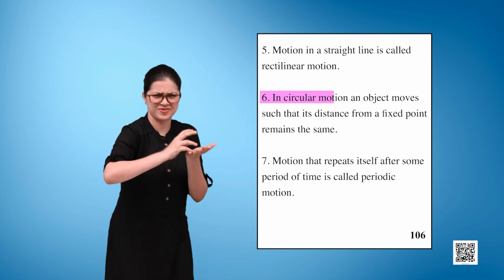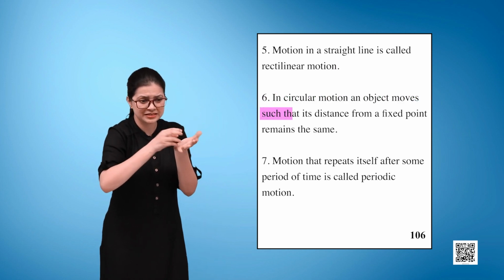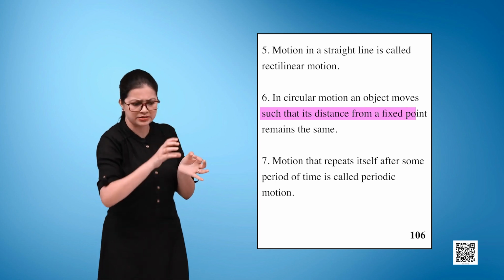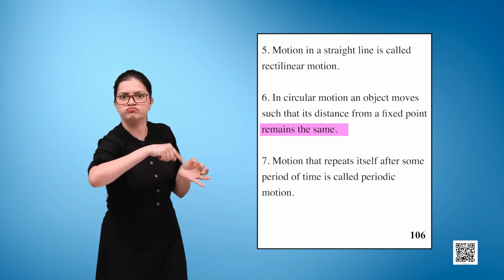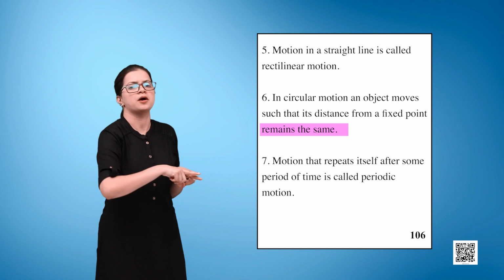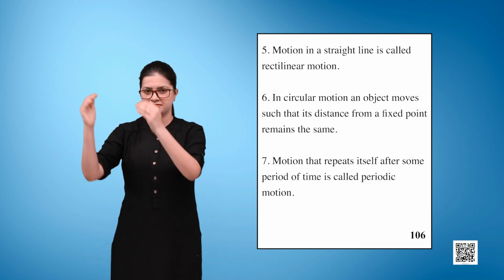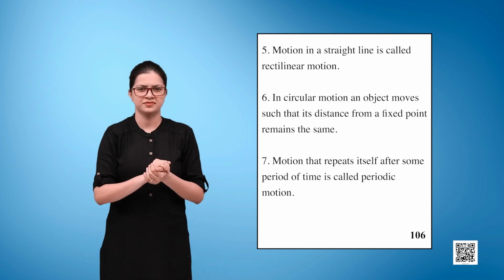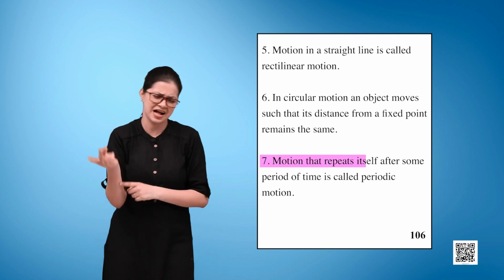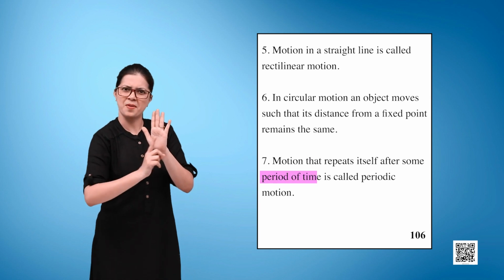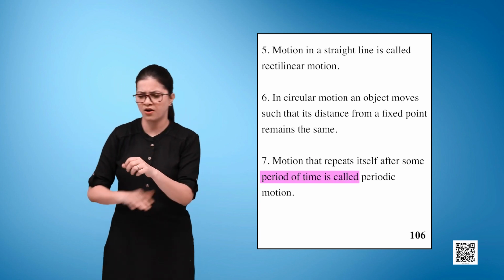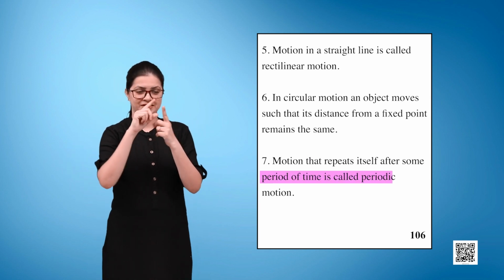In circular motion, an object moves such that its distance from a fixed point remains the same. Motion that repeats itself after some period of time is called periodic motion.